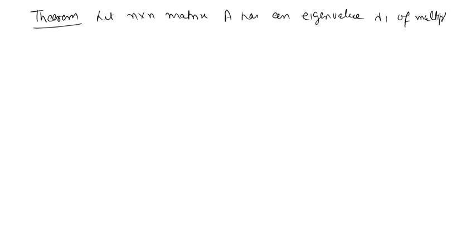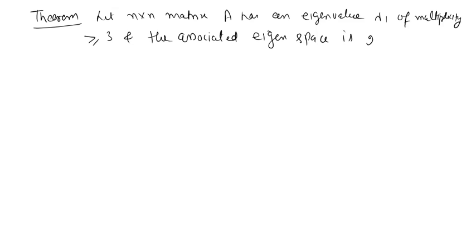So let us say, let n cross n matrix A has an eigenvalue lambda 1 of multiplicity greater than or equal to 3, and the associated eigenspace is two-dimensional now.